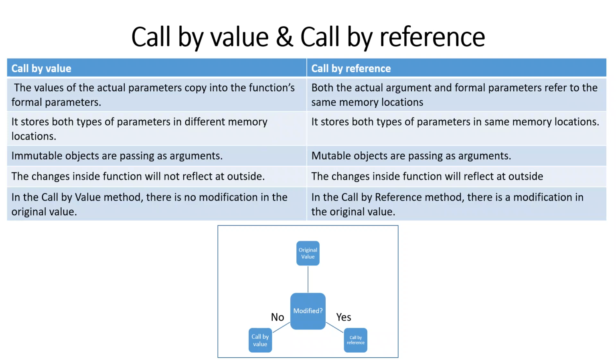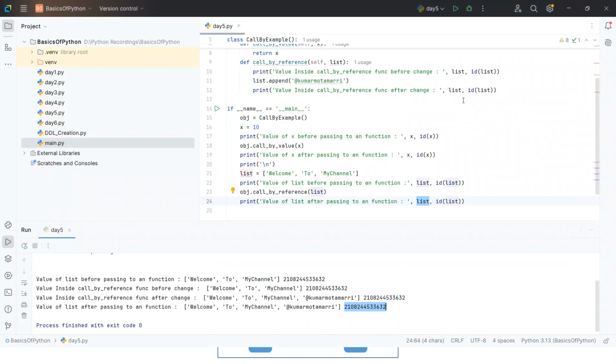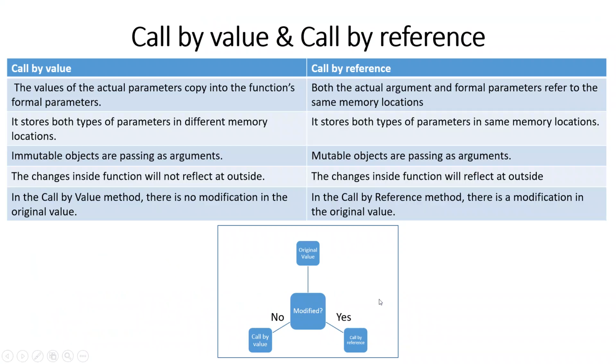For callback reference you will pass mutable objects, and the value of the actual parameters is copied into the function's formal parameters. But here the actual parameters and the formal parameters refer to the same memory location in callback reference, but in callback value it is different.